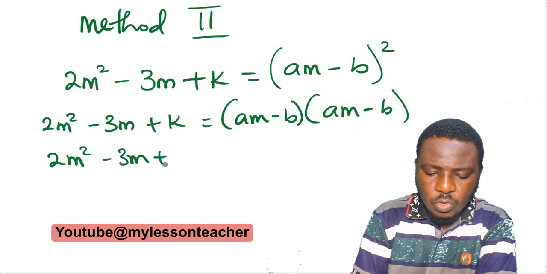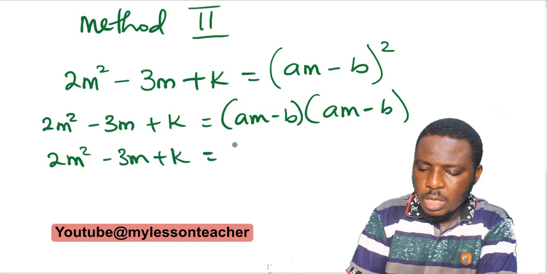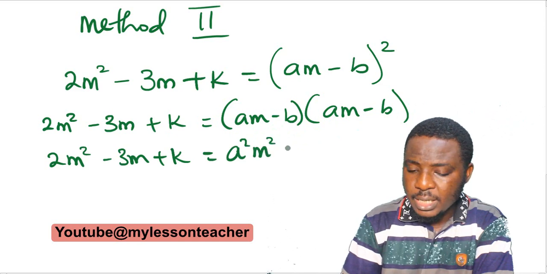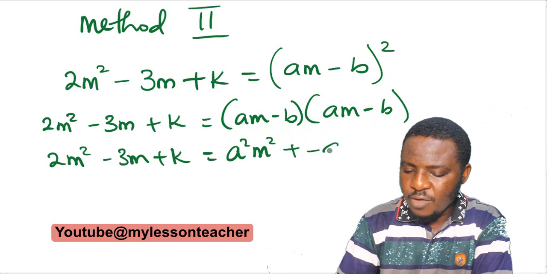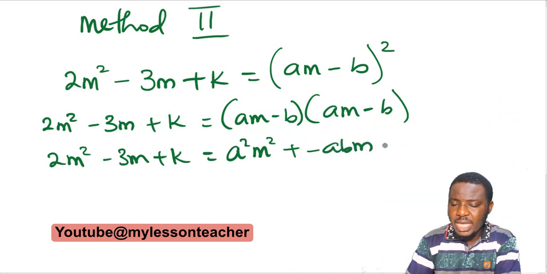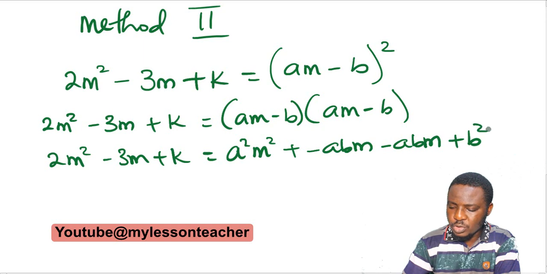this gives you am times am, you have a squared m squared, plus am times minus b, you have minus abm, minus b times am, you have minus abm, same, then you have plus b squared.